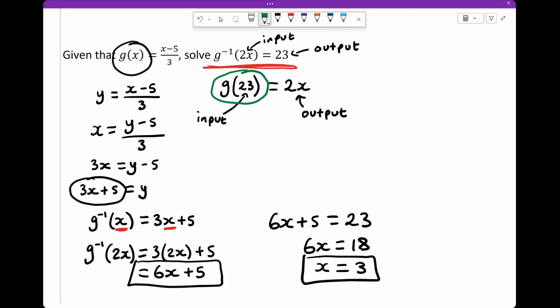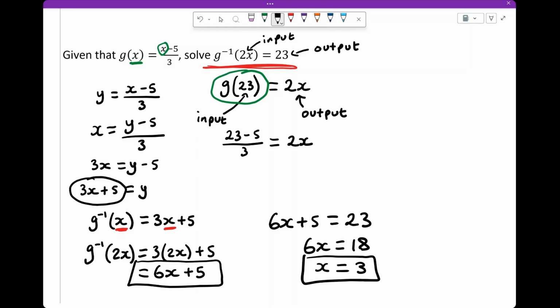And to calculate g of 23, all I need to do is substitute the 23 in for the x in g of x. So let's do that. If we substitute the 23 in, we have to replace this x in the numerator with 23. So I would get 23 subtract 5, divided by 3, is equal to 2x.